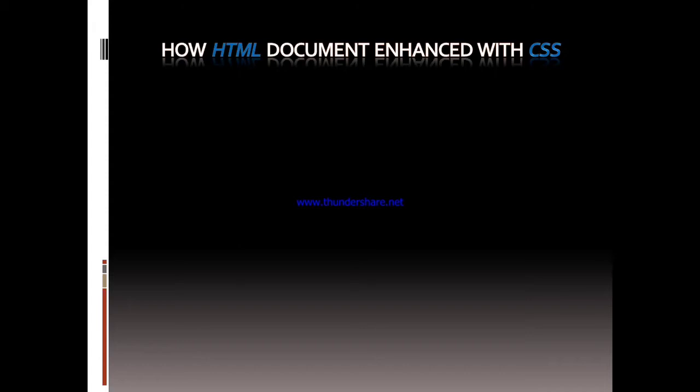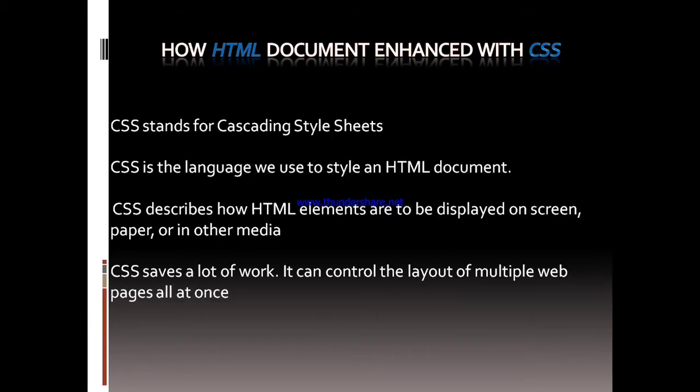Okay, let's see what the basics of CSS are and how an HTML document is enhanced with CSS. By using CSS, how can we make our HTML document more presentable? So basically, what is CSS? CSS stands for cascading style sheets.